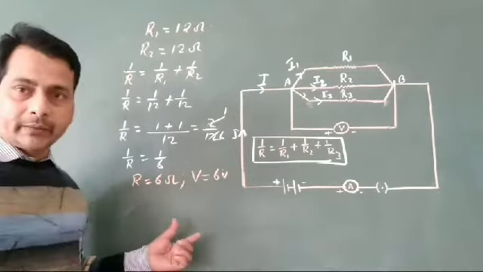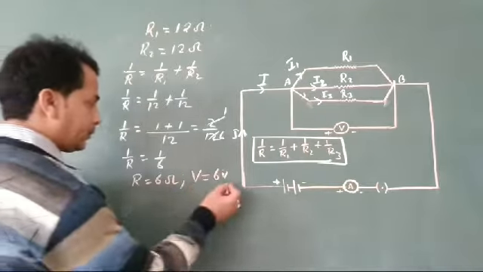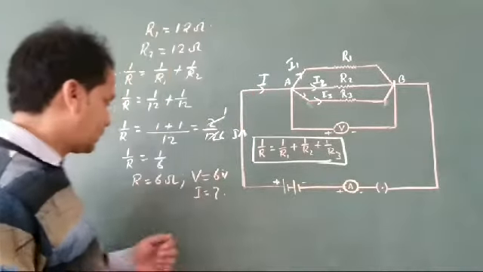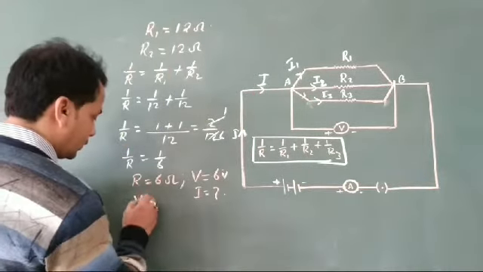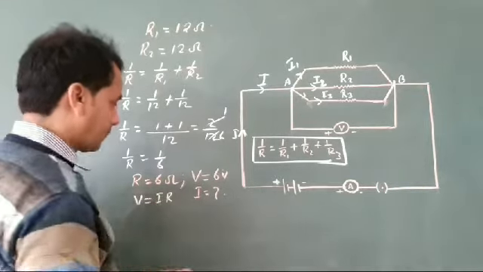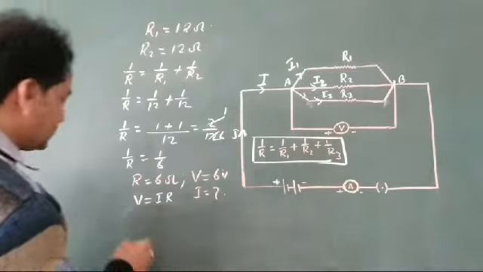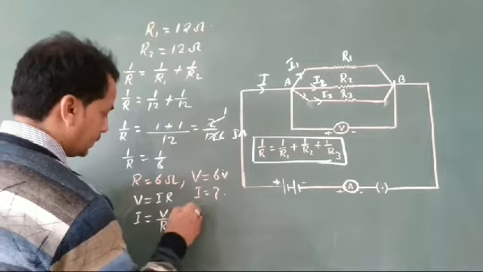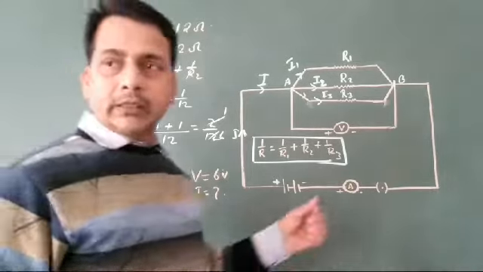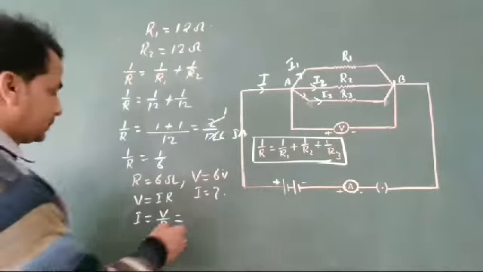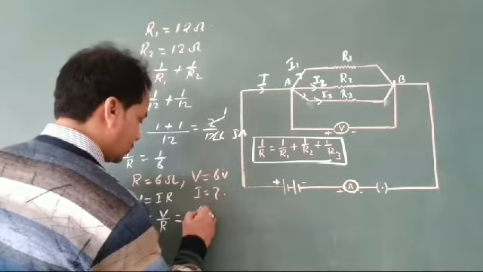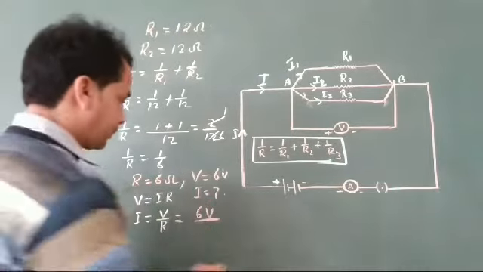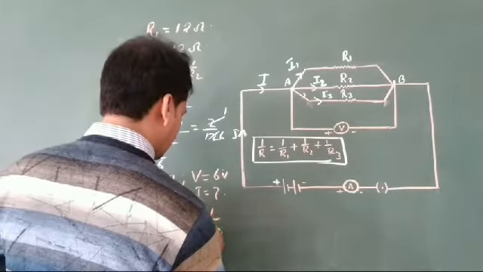So here is the electric current. What is the electric current here? Apply Ohm's law. According to Ohm's law, V equal to I into R, so the electric current I equal to V by R. The potential difference here is 6 volt, and the resistance here is 6 ohm.